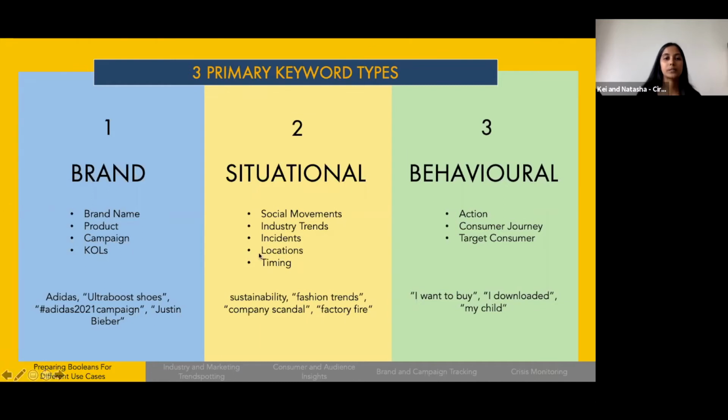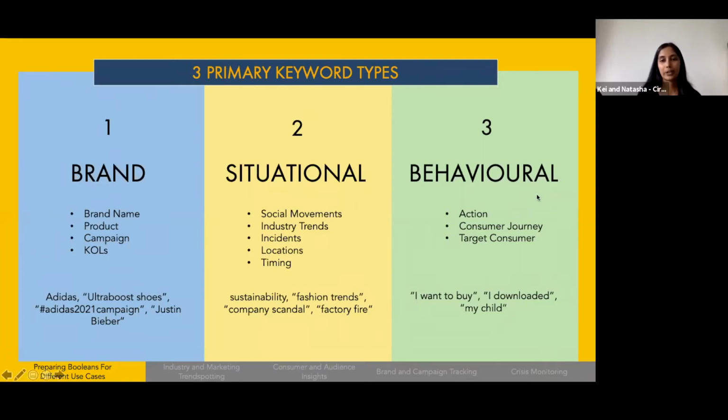So this can be as specific to your own incident. So whether it's a street name or the name of a local mall in your area, this would all be bucketed under the location section. Finally, we have timing. So this could be Christmas, it could be breakfast time or lunchtime, etc., but it's more of a time specific keyword.